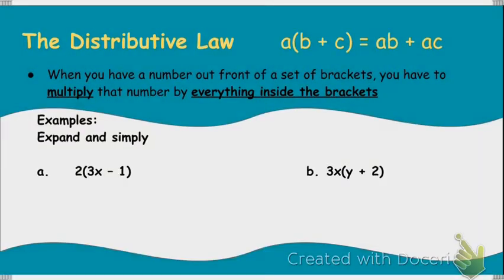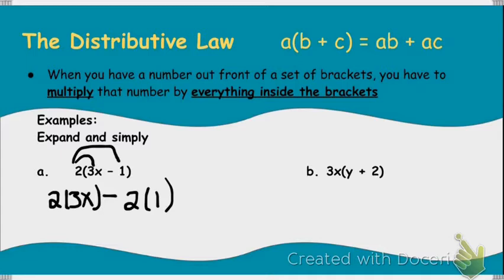Okay, so we're going to use the distributive law with these examples. Expand and simplify. So with the distributive law, we take that 2, multiply it by the first term, and then multiply it by the second term. So 2 times 3x, minus, we leave the sign that's in the middle, 2 times 1.